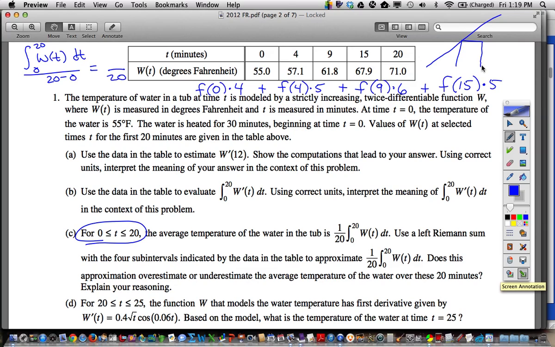But that's exactly right. Since this function is increasing, left rectangles are going to be underneath. So whatever answer you got when you work all that out is going to be an under approximation of the actual average temperature.